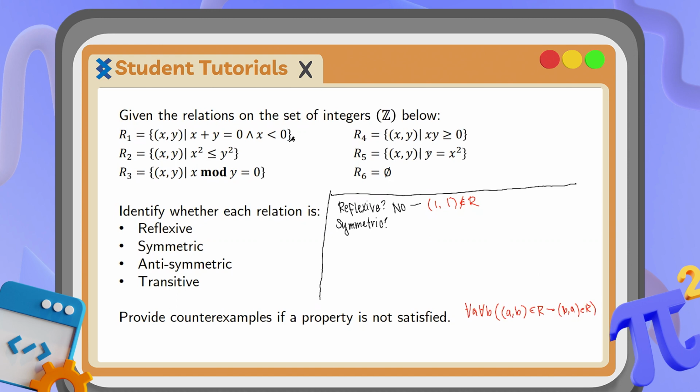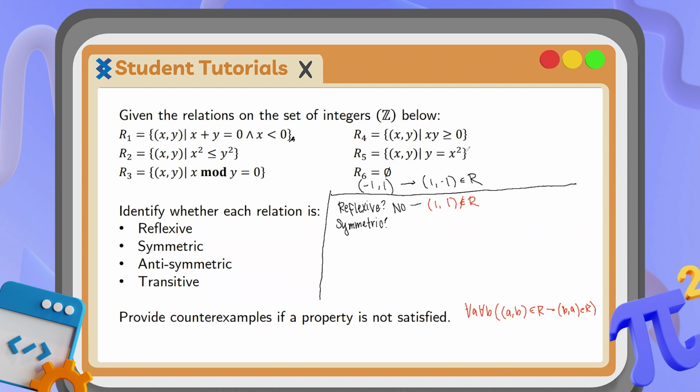Okay, so let's determine whether this is symmetric. So let's try negative 1 and 1. That's part of the relation, and we need to imply that 1 and negative 1 should be in the relation as well.